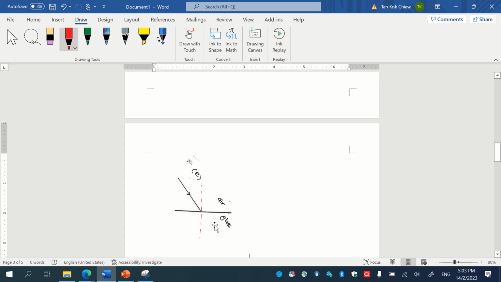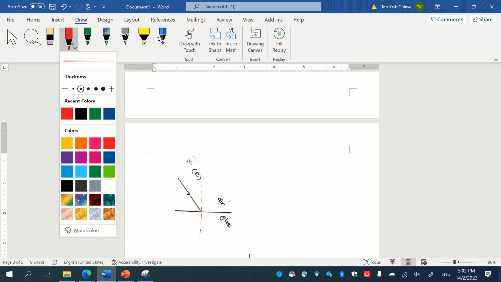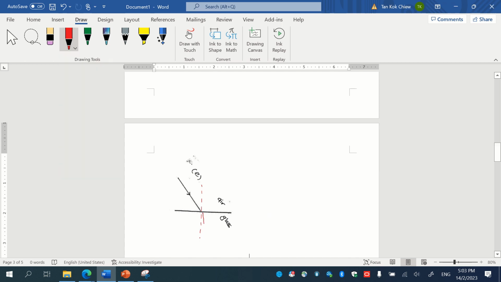So it should happen within this sector, this quadrant here. Now that it is in this quadrant, air to glass is bending towards the normal line. So towards the normal line means bend towards like that. Okay? Bend towards.